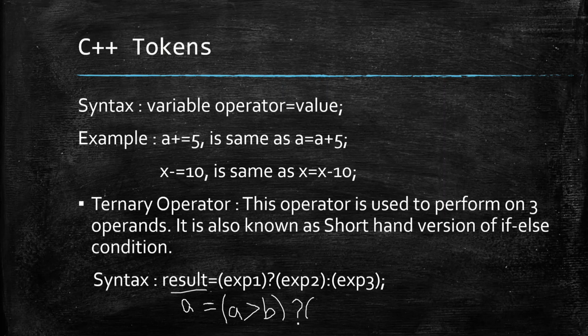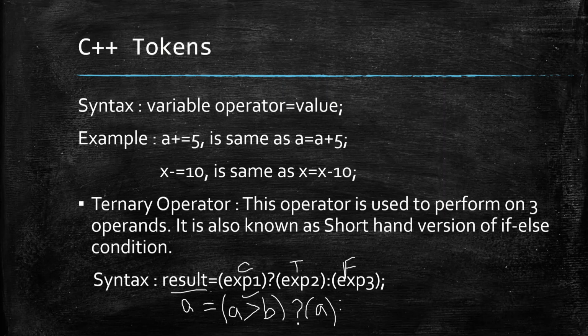Then expression 2. If this is true, I am going to display A. Suppose you think just like this. It is not an exact example, I'll say. The perfect example I'll show you now. Expression 1 is for the condition.